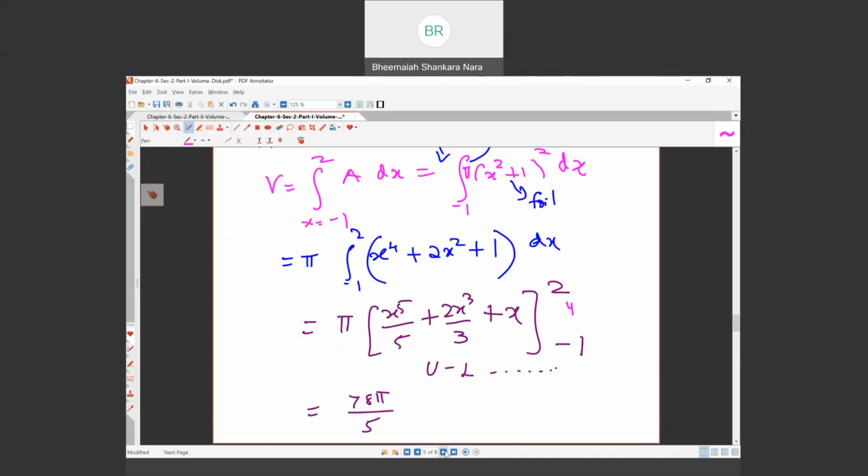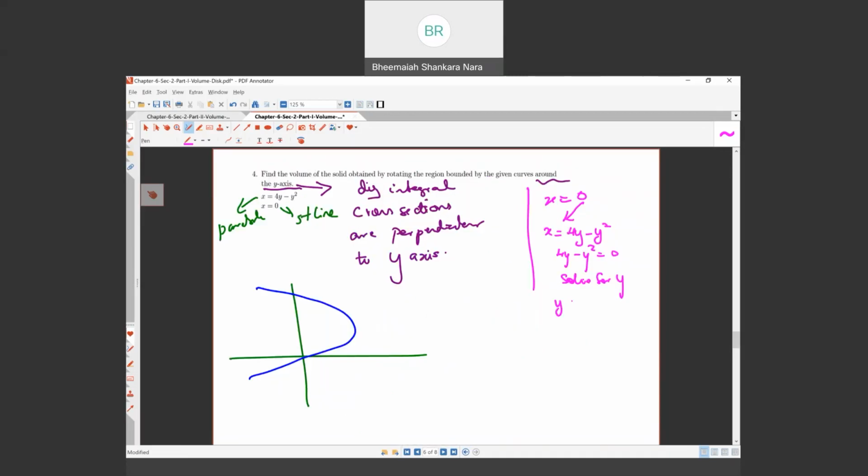So you factor y(4 minus y) equal to 0. So either y equal to 0 or y equal to 4. So you have two values for y. So let me plot those values here. y is 0 or y is 4. And suppose say this point is your x comma y. You understand that this is your x value and this will be your y value.